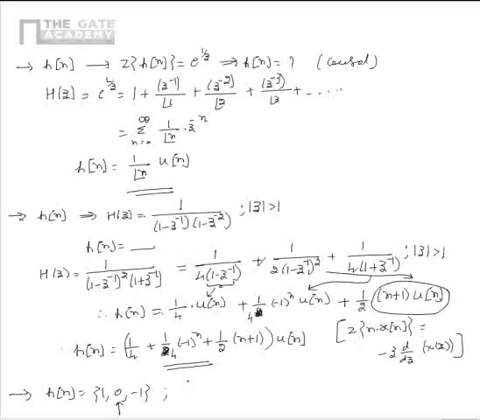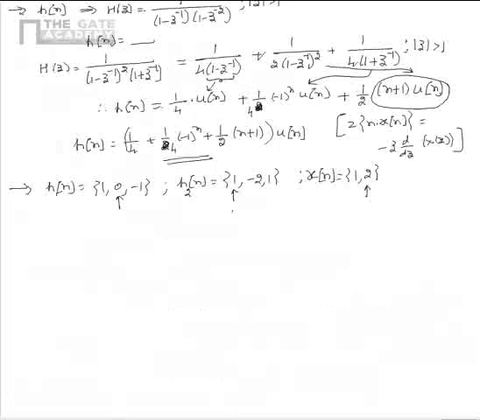It is cascaded with another LTI system of impulse response h(n) equal to 1, -2, 1, where the value of 1 corresponds to the instant n = 0. The cascaded system is given an input of x(n) equal to 1, 2, where the value of 2 corresponds to the instant n = 0. We need to find the output y(n) of the cascaded system.